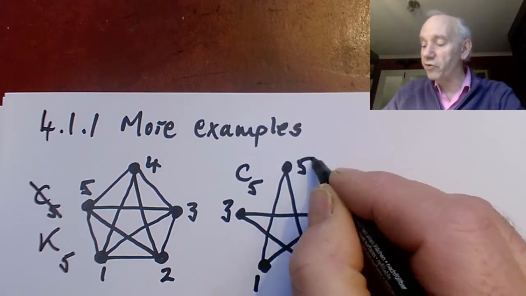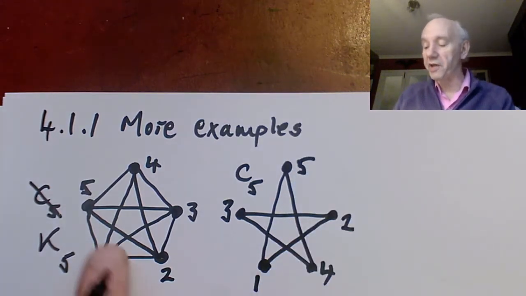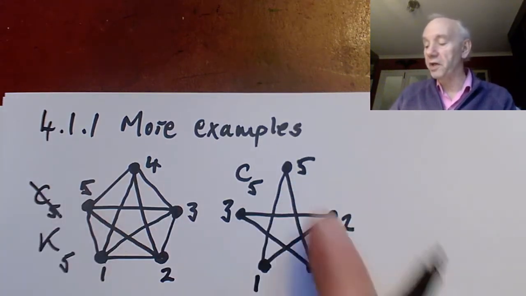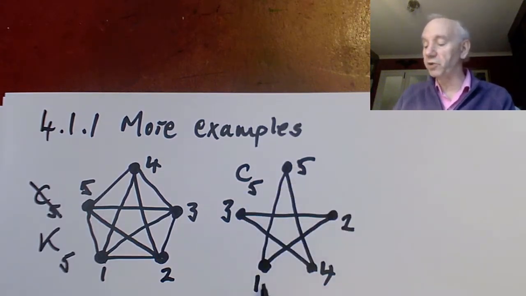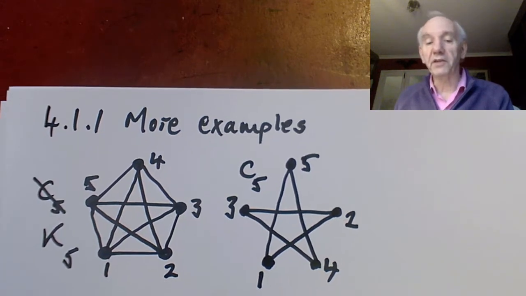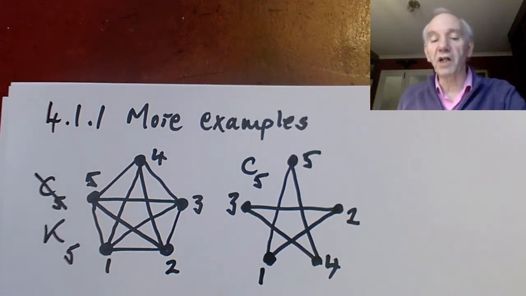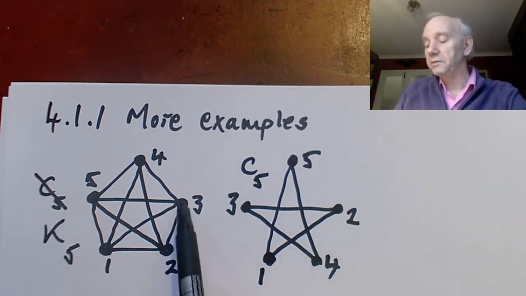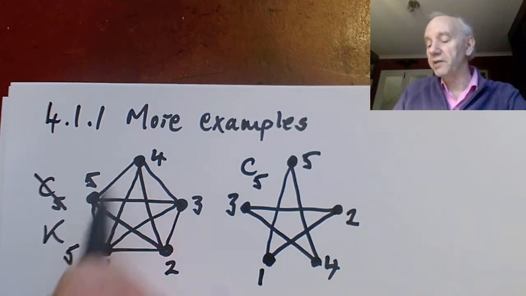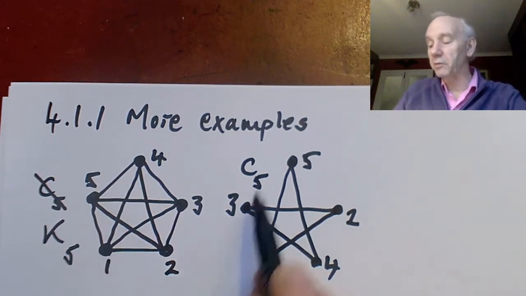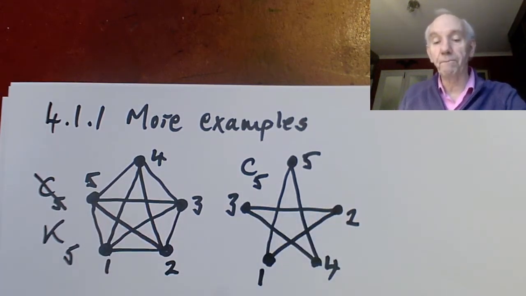I just need to make sure, if I want to compare the outer cycle here with the inner pentagram here, that we have the same connectivity. So what I'm really trying to tell you is that the pentagon, as I draw it as a pentagon, as a graph is isomorphic to this configuration here.